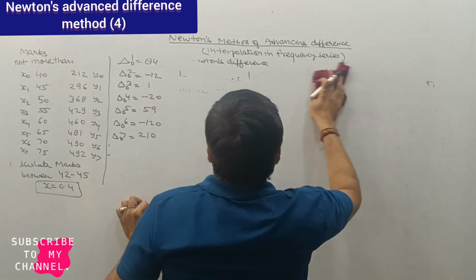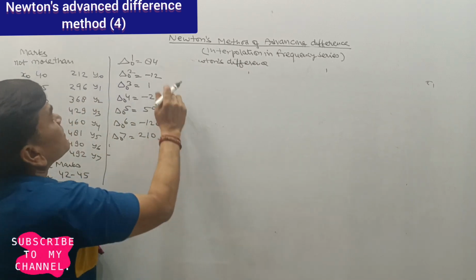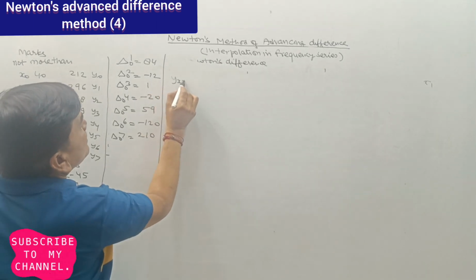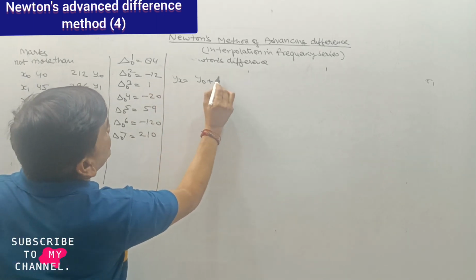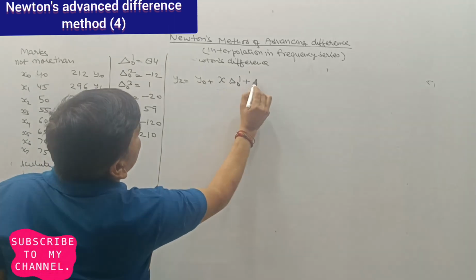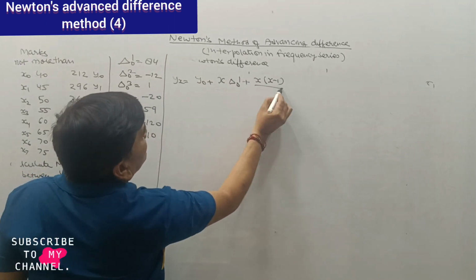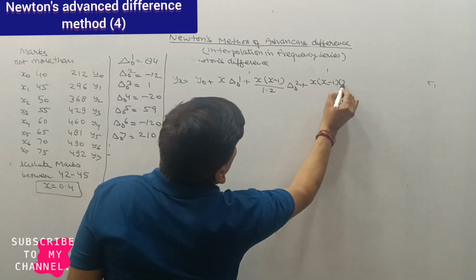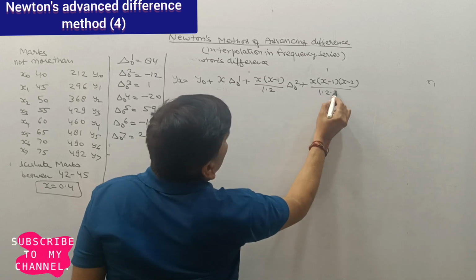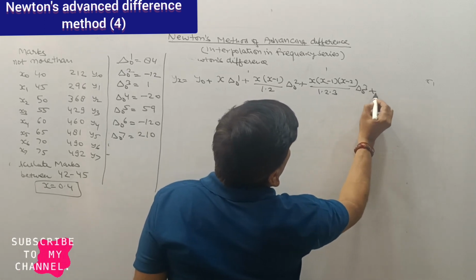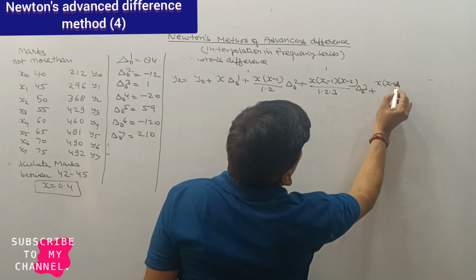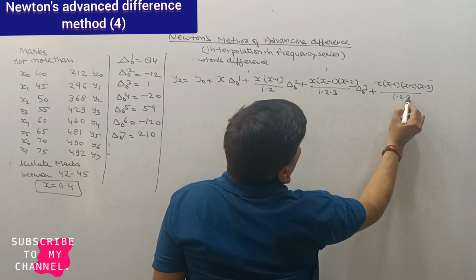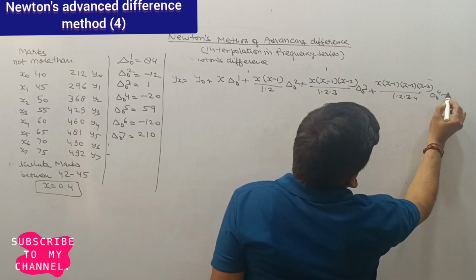We have to write this formula seven times. So yx will be y0 plus x delta 01 plus x(x minus 1) divided by 1 multiplied 2, delta 02, plus x(x minus 1)(x minus 2) divided by 1 multiplied 2 multiplied 3, delta 03, plus x(x minus 1)(x minus 2)(x minus 3) divided by 1 multiplied 2 multiplied 3 multiplied 4, and this formula goes on.